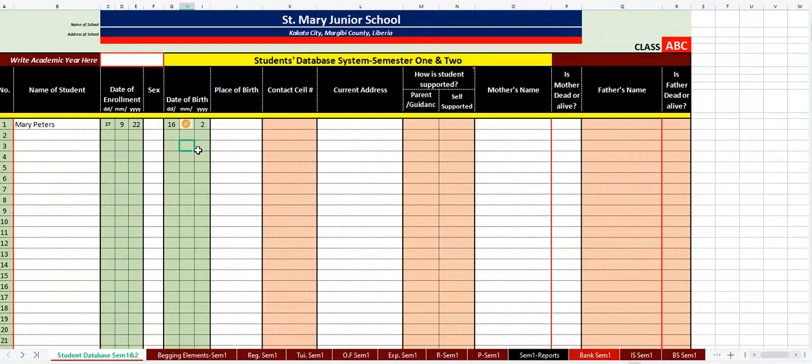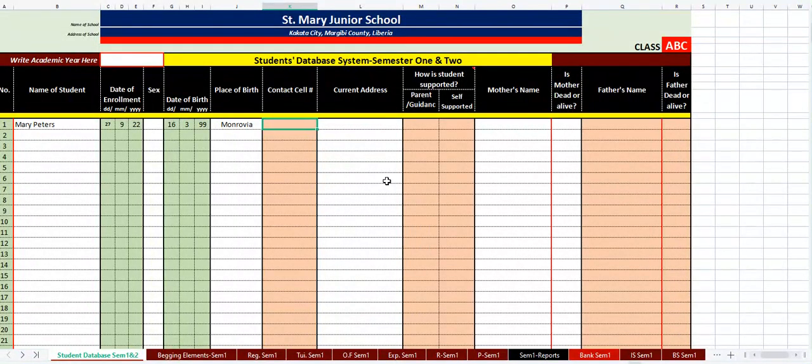All right, now we can define it like that, or I'll say 1999. She was born in 1999, so we say 99. All right, then the place of birth, we can say Monrovia. Okay, Monrovia. Then we see cell number.